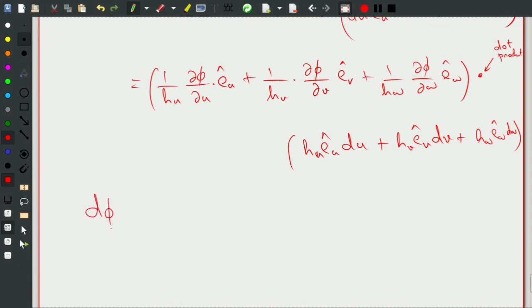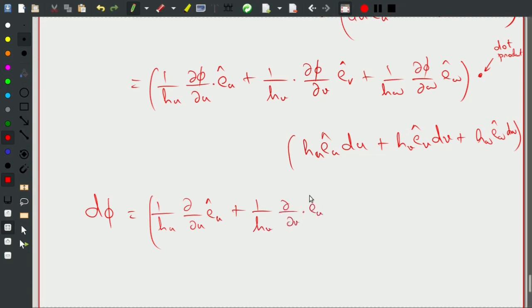So our dφ equals 1/h_u ∂φ/∂u e_u cap plus 1/h_v ∂φ/∂v e_v cap plus 1/h_w ∂φ/∂w e_w cap, acting on φ, dotted with our dr vector in the curvilinear system.